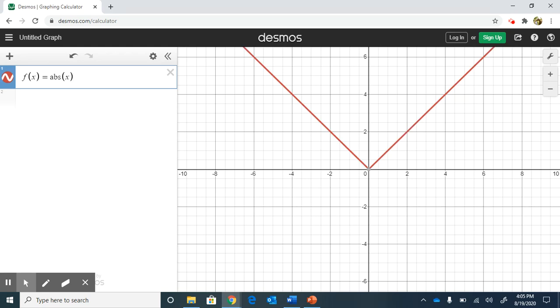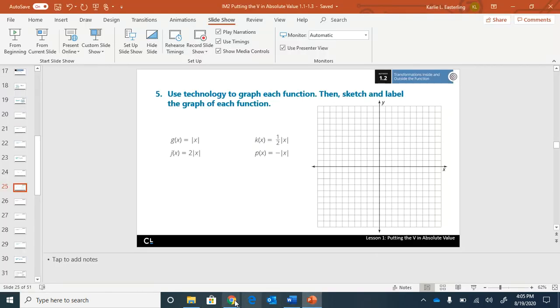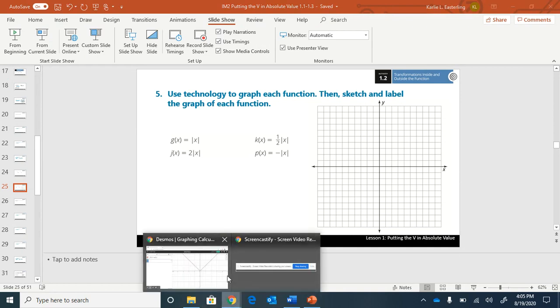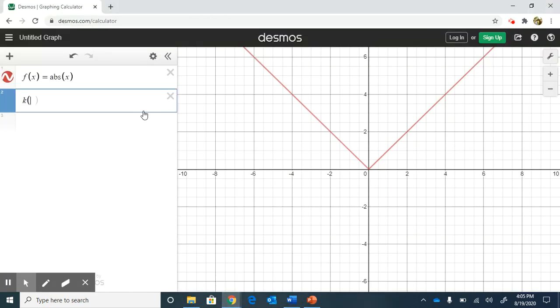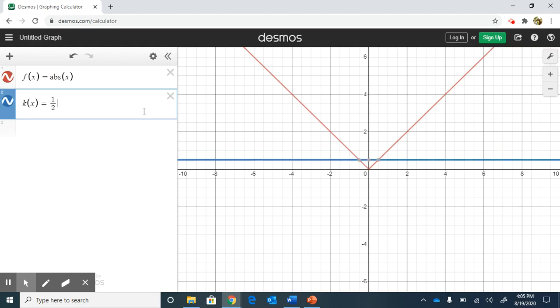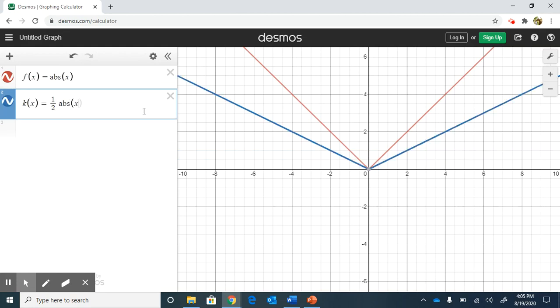That's what we get for that one. Oh, I'm going to probably get these wrong. So then k of x equal to 1/2 ABS of x. For that one, it was almost like we grabbed the top of our absolute value bars and pulled them down. So that's how that one looks.